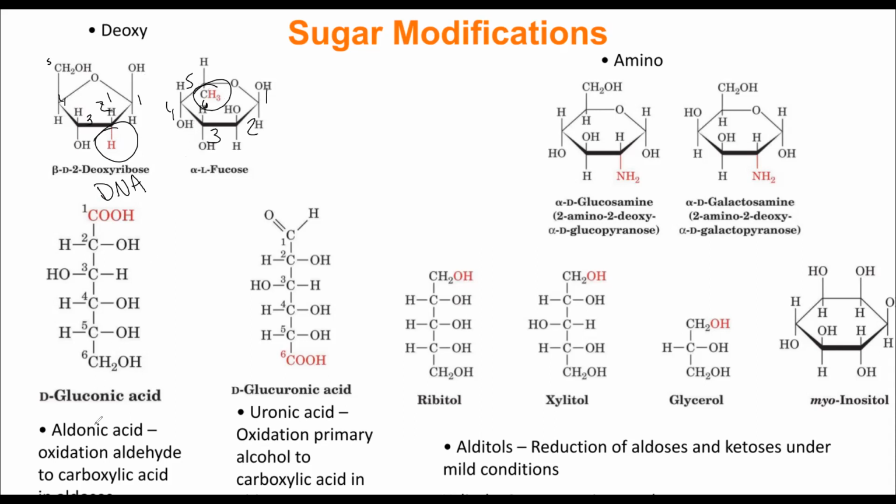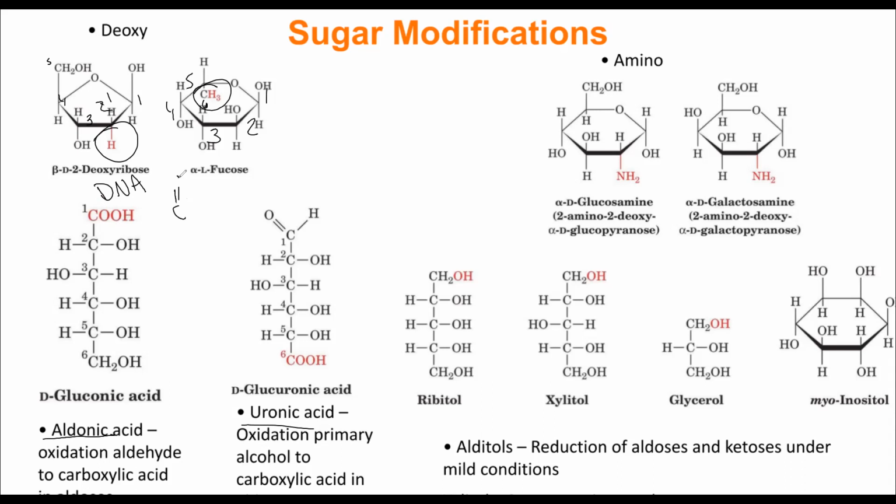So that's also deoxy. Now let's look at our aldonic and uronic acids. So aldonic acid is that you take your C double bond O and you make it a carboxylic acid.